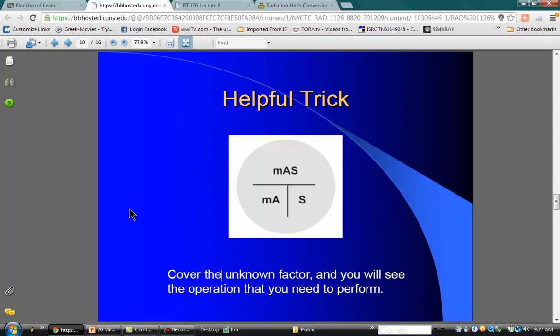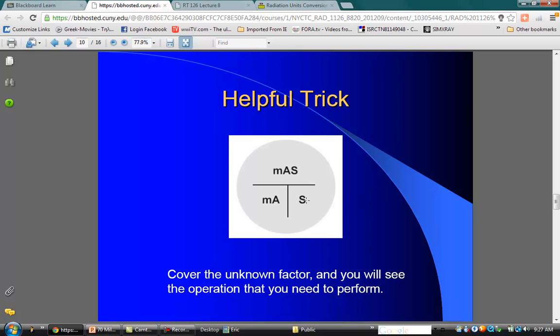Here's the trick that I had shown many of you in the lab. If you cover up the unknown factor that you're interested in, you just need to perform the operation. So if I cover up mAs here, I'm left with mA times time.